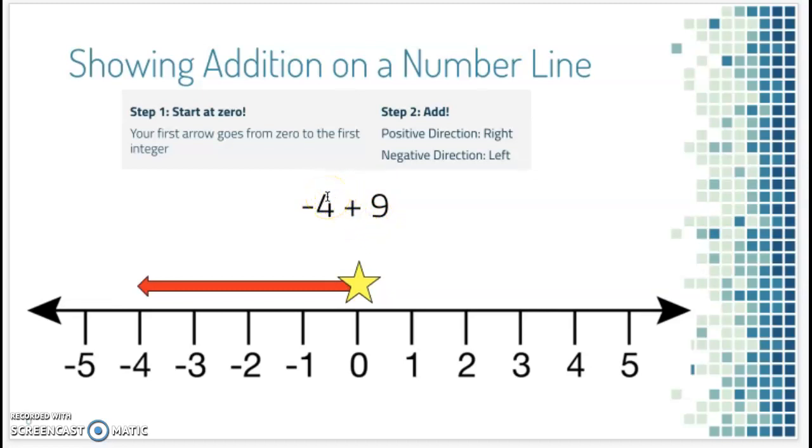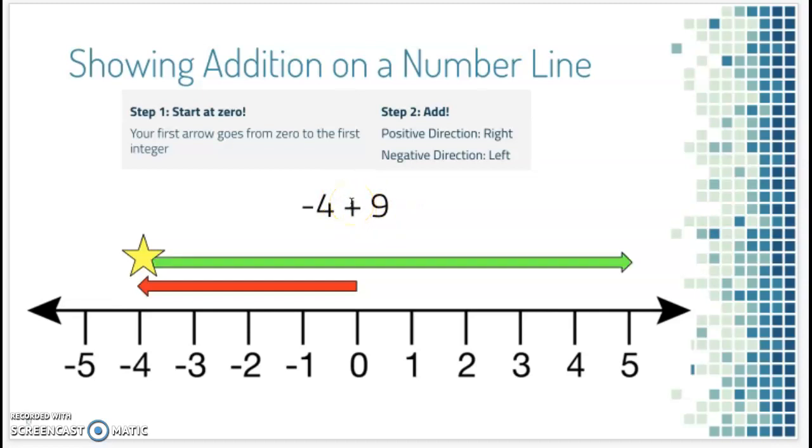We're going to start now where that arrow ended up, and we're going to go this direction this many steps. In a positive direction, 9 steps. Remember, we're not going to +9, but rather we're going 9 steps in a positive direction. So it's going to look something like this. Where our last arrow ends up, that's our answer, that's our solution. So the solution to this expression, -4 + 9, is +5.